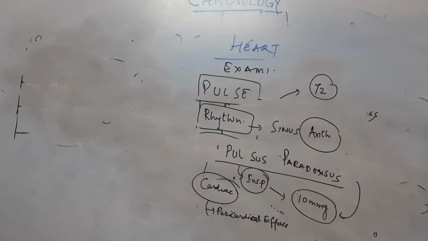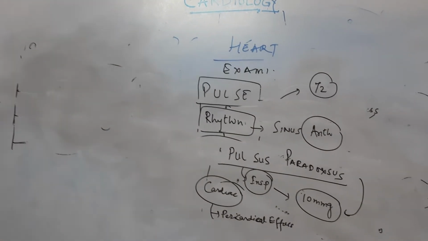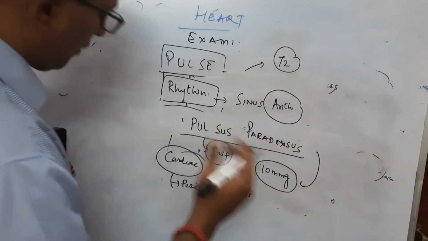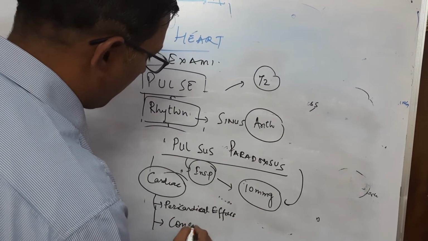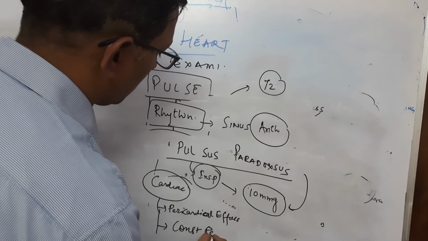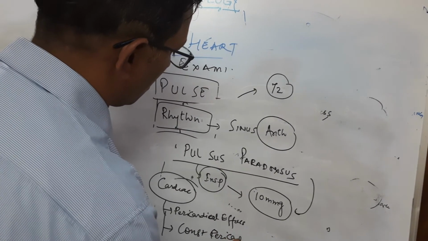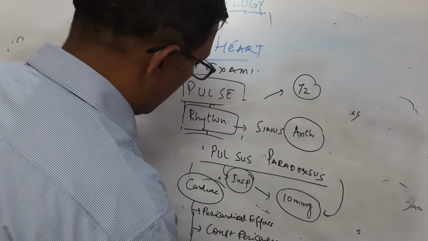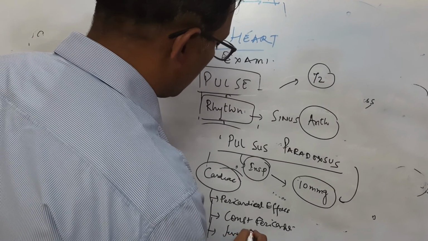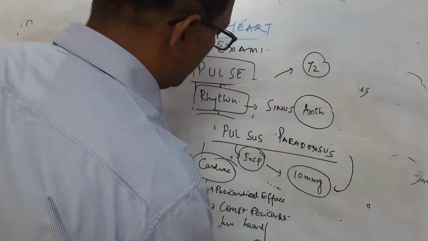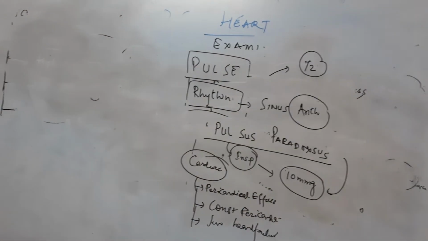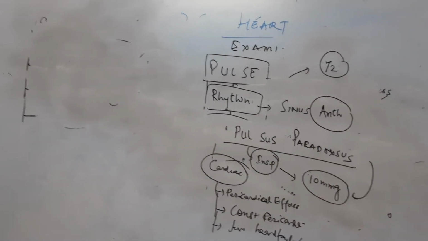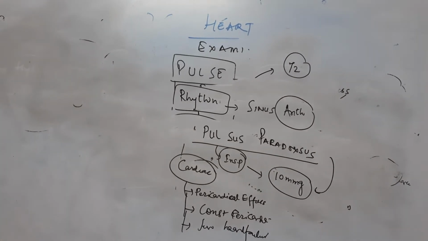Then you have constrictive pericarditis and severe congestive heart failure. So this was about the types of pulses we have been talking about.